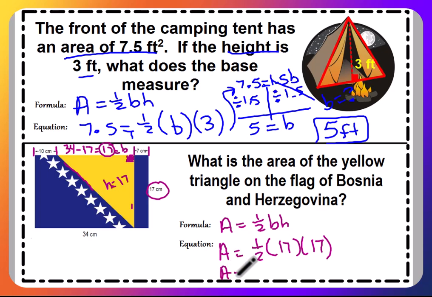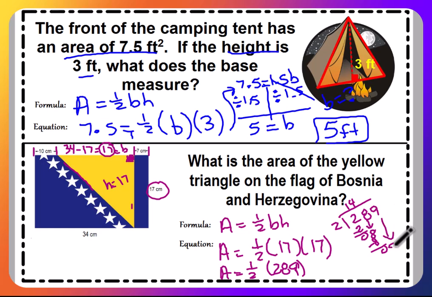So area is going to equal 1/2 times 289. Now all I need to do is divide that by 2. So I'm going to do the math over here. 2 goes into 2 once. Bring down my 8. 2 goes into 8 4 times.